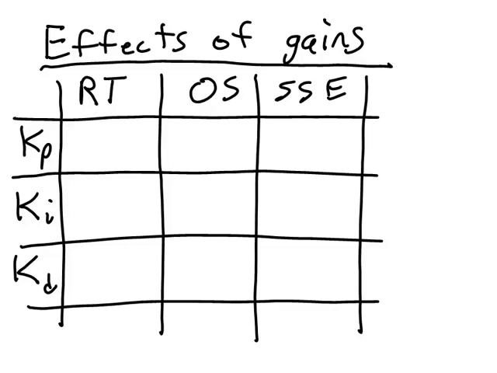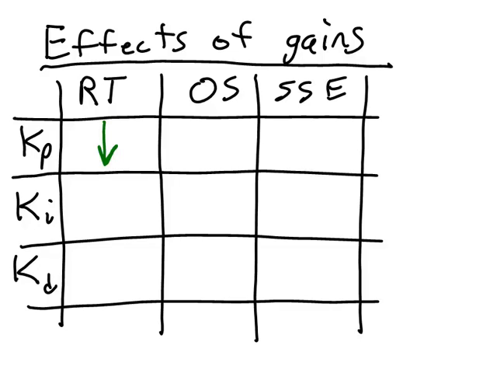When you increase KP, the rise time goes down. That's a good thing, so I'm going to show a down arrow drawn in green. In other words, it has a good effect of decreasing the rise time.